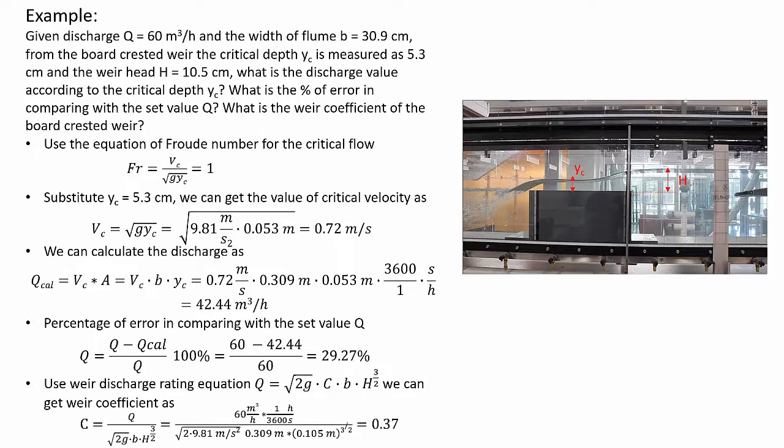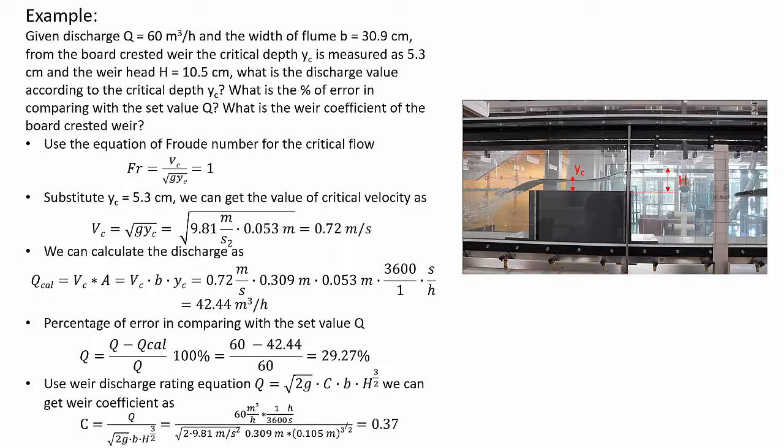From a broad crest weir, we measure the critical depth Yc as 5.3 centimeters and the weir head H equal to 10.5 centimeters. We ask, what is the discharge value according to the critical depth Yc? What is the percentage error in comparison with the set value Q? And what is the weir coefficient of the broad crest weir?